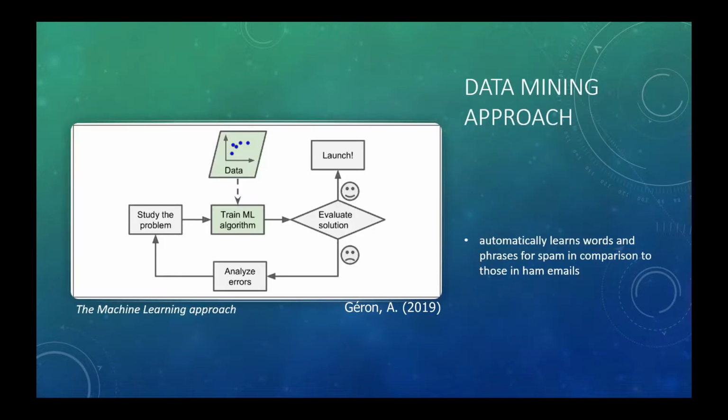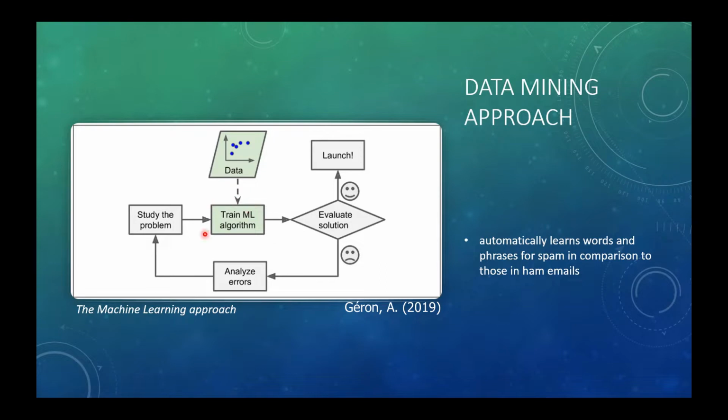Let's see what the difference is. As we said, when it comes to the data mining approach, or machine learning, we need to teach or program the PC how to learn from this data. In this case, most of the steps are the same, but here we come to the heart of the work.